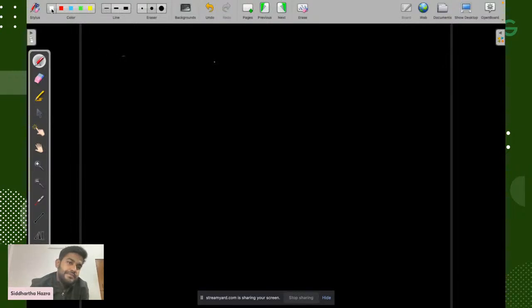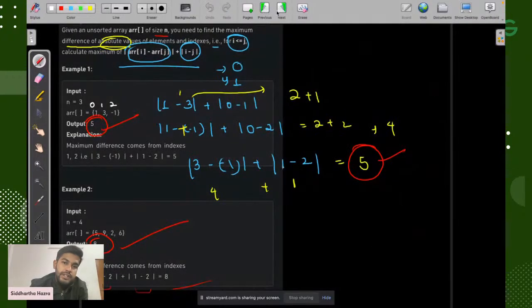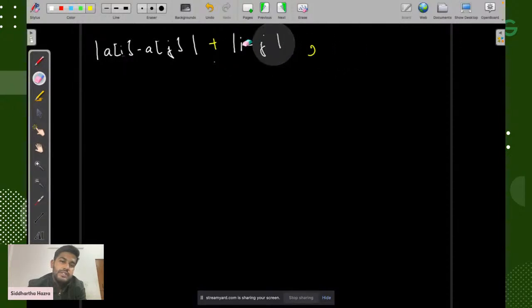Now it is said that we need the value of a of i minus a of j, added to the absolute value of i minus j, and the condition is that i is less than or equal to j.